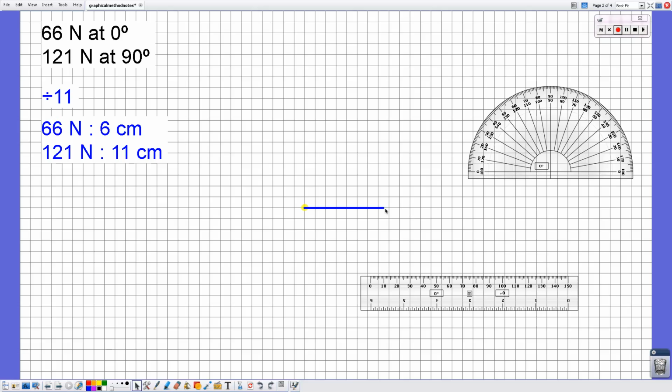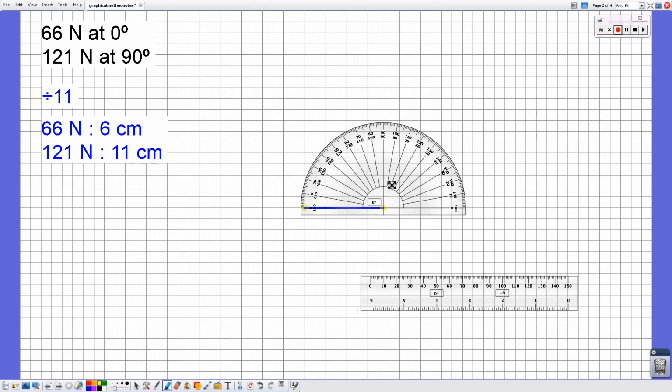Now though, I'm in a new spot. So I'm going to put this here now. Now I want it at 90 degrees. So 0 up to 90. That's right there.